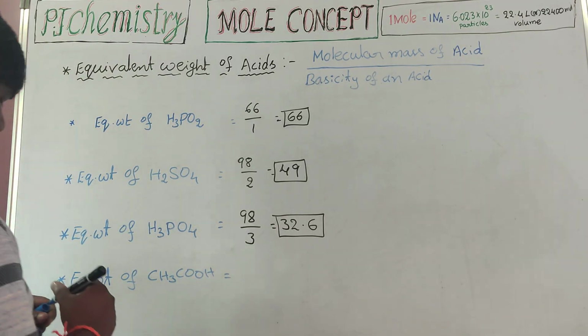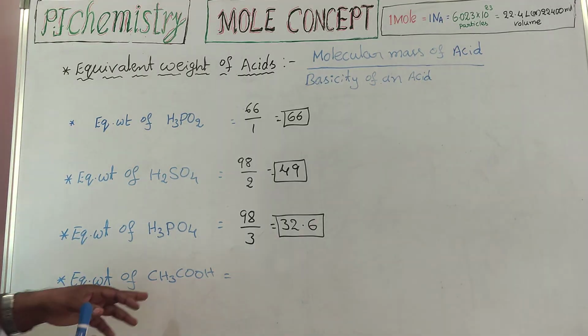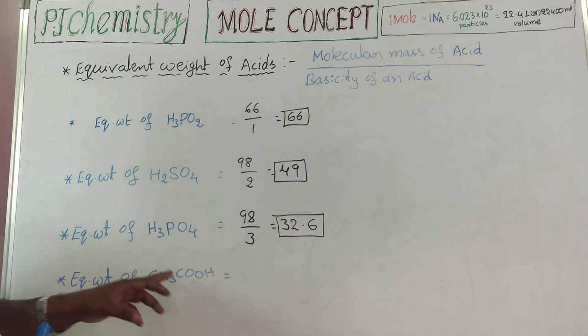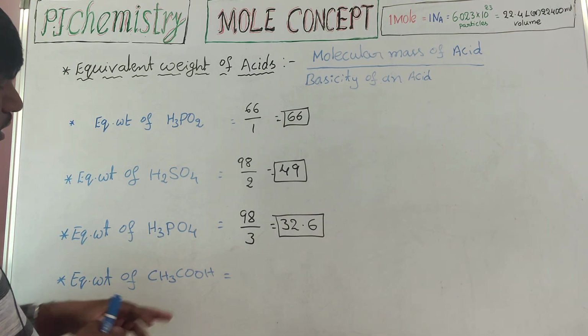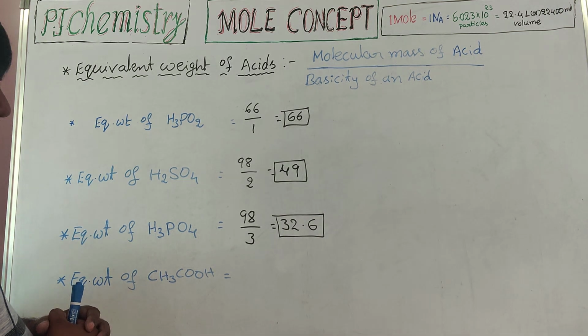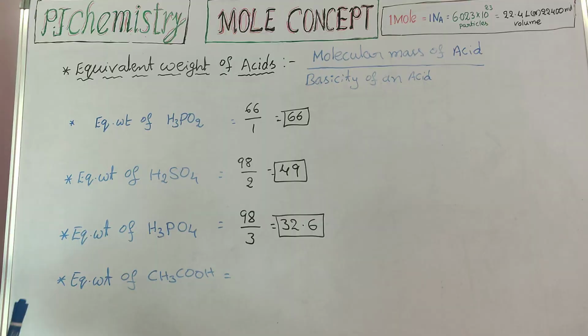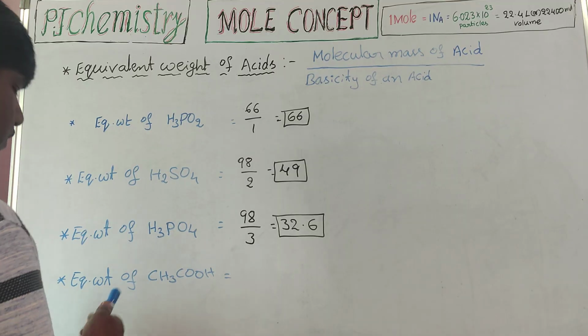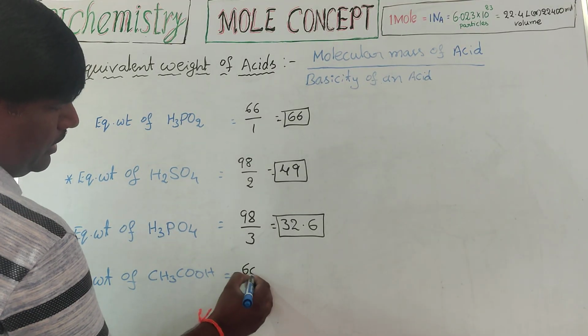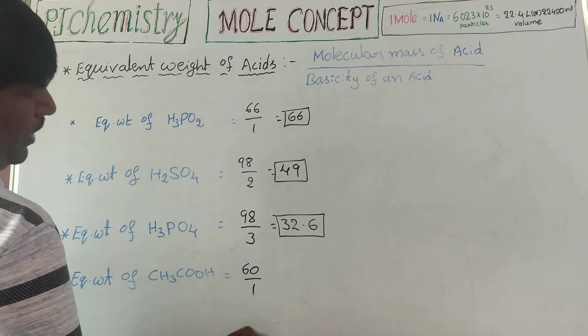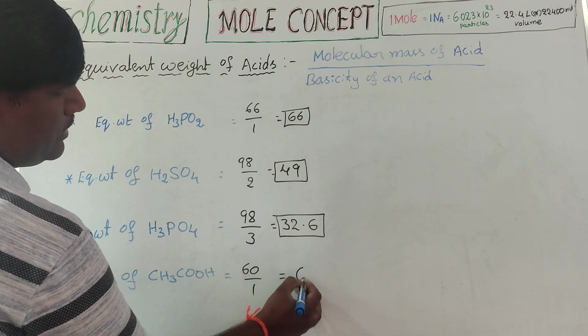Its molecular mass is: 2 carbons, 2 into 12, 24; 2 oxygens, 32; 24 plus 32 is 56, plus 4 hydrogens, 60. Yes, 60 by 1 is equal to 60.